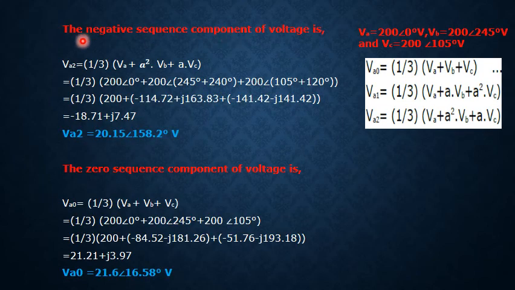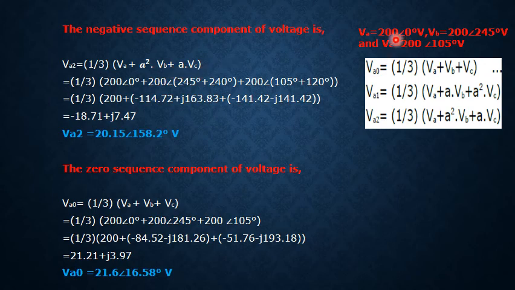Now similarly, let us find the negative sequence component voltage. For that, the equation we are going to use is this one. VA2, where 2 represents the negative sequence component voltage, is equal to 1 by 3 into VA plus a square into VB plus a into VC.